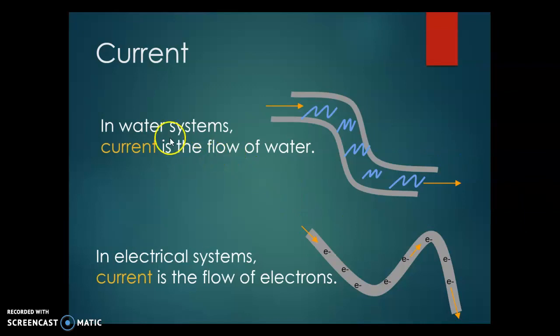A current in water systems, the current is a flow of water. So you see here in this picture, in this diagram, the water's flowing in this direction. It's not like water can just stop one day and just go in the other direction. It flows in one direction consistently. Same thing in electrical systems. The current of electricity is going one direction and only will go in one direction.